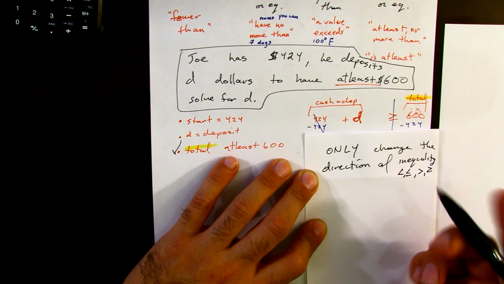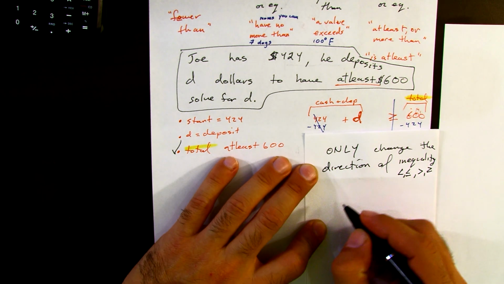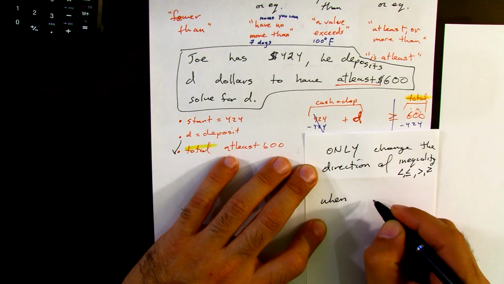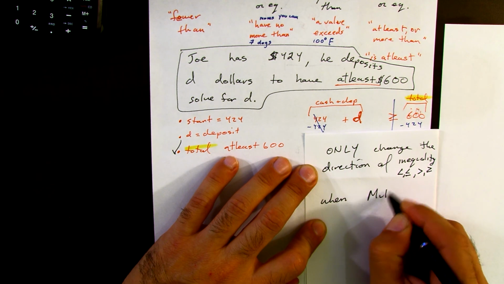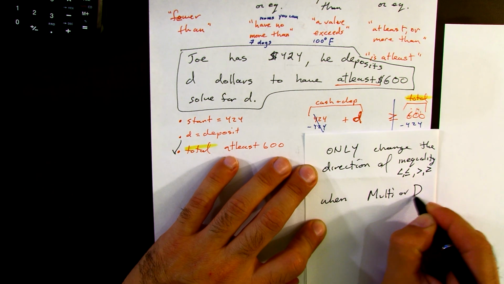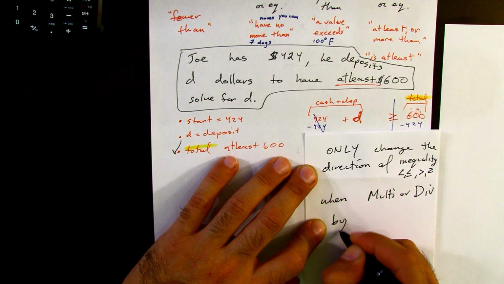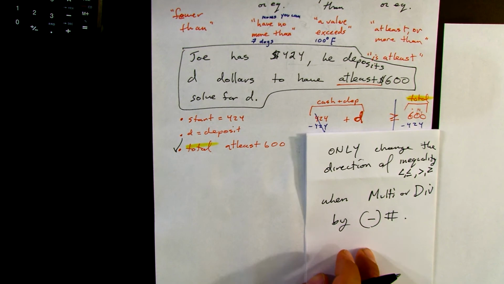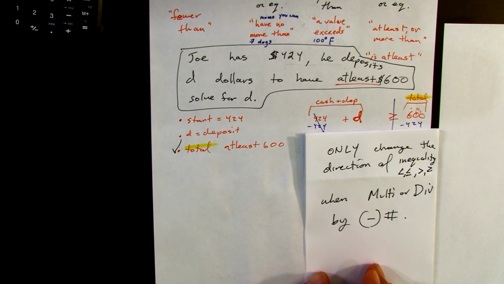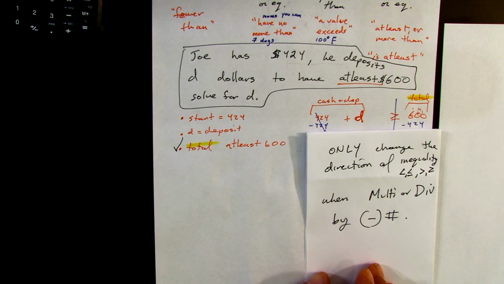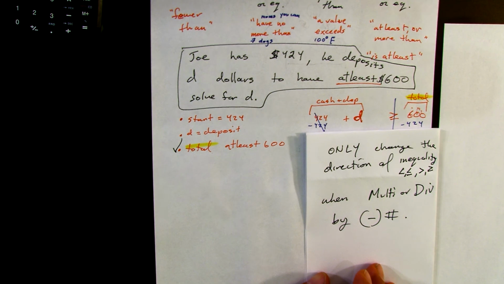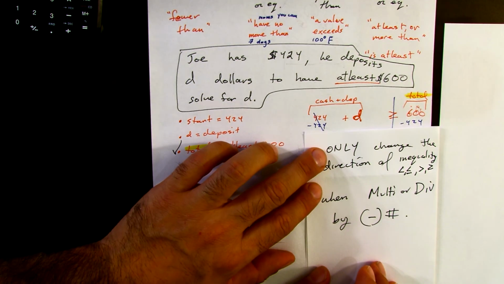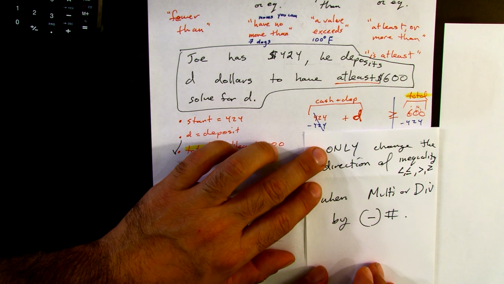So you only change the direction, and that just means flipping it the other direction, opening. Only change the direction of inequality when you multiply or divide by a negative number, okay? That's key. That's going to come up again, and that is going to be something you'll need to know. I will have one that needs you to switch the direction for the quiz, okay? Got to have that rule.